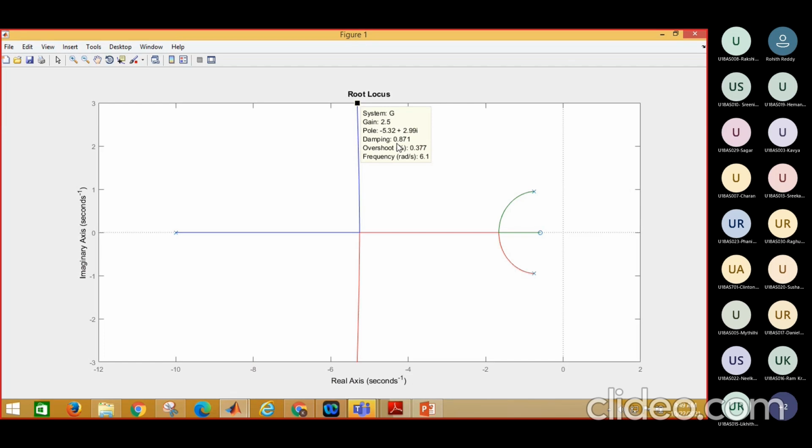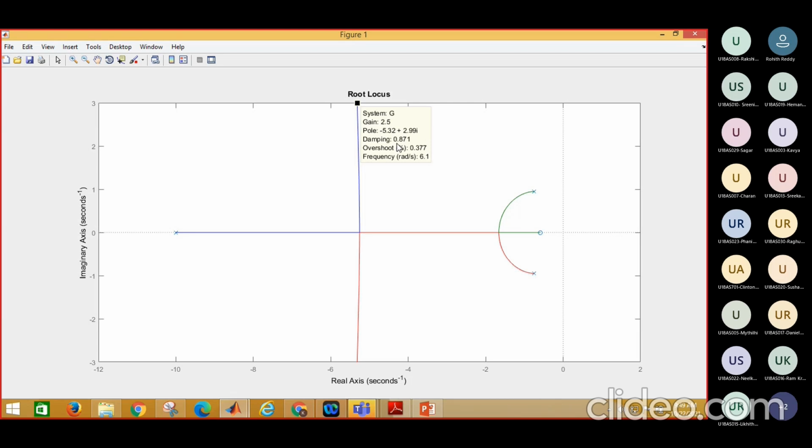If you couple with your outer loop, the outer loop closed loop has a tendency to reduce the damping. So if you initially select the inner loop with lower damping, when you incorporate the outer loop it is also reduced to a lower damping value. If the damping is very low, then I have a peak overshoot. That's why we select a higher damping. The respective gain is 2.5.